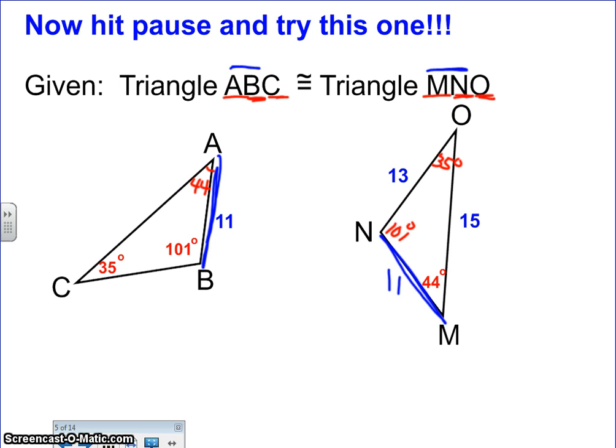Let's say that BC and NO are going to match up. NO is 13, so we also know that BC is going to be 13. Then by process of elimination, the other side that we don't know is going to be 15. So that's how you match them up.